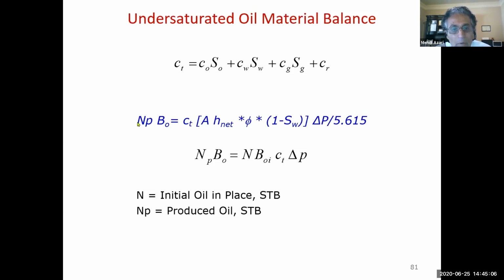So now remember this equation we had there, the amount of production of the oil that you produce is going to be equal to CT times area. This is from the compressibility equation we had before.